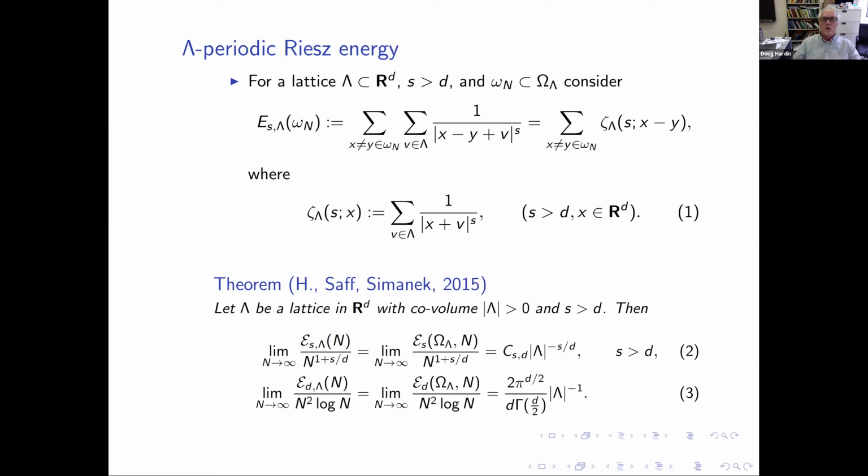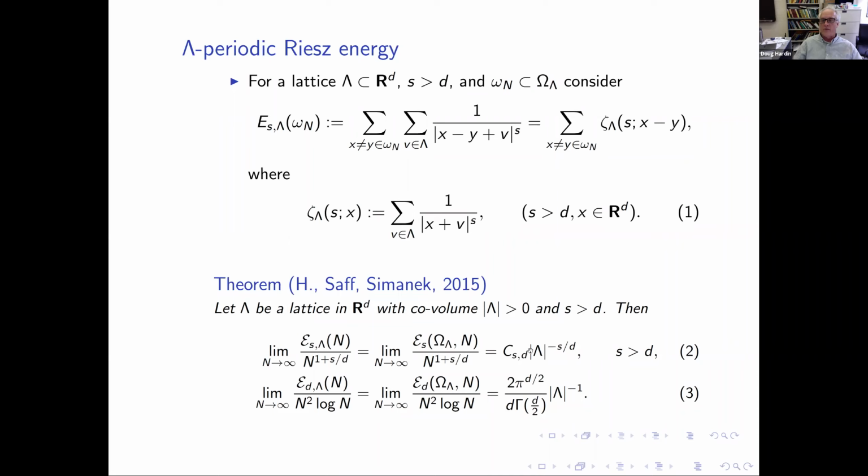So for the rapid decay case, for S bigger than D, with Brian Simanek and Ed, we have the analog of the result for d-rectifiable sets in this periodic setting: the dominant term in the energy is of the form n to the 1 plus s over d times a constant times a measure.